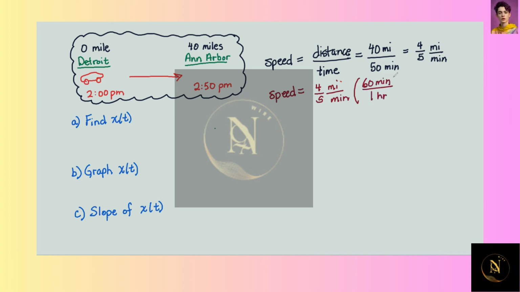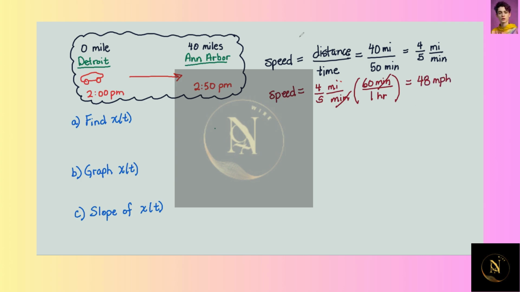So that's our conversion factor. Notice the minutes cancel. And if we multiply 4/5 times 60, well, 60 divided by 5 is 12. So I end up with 12 times 4, or 48. So 4/5 of 60 is 48, and that's in miles per hour. Okay, so that's the speed of Jason's car.